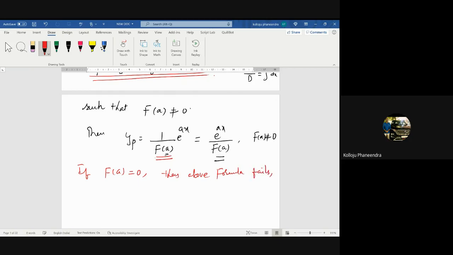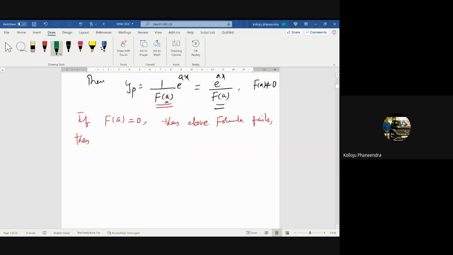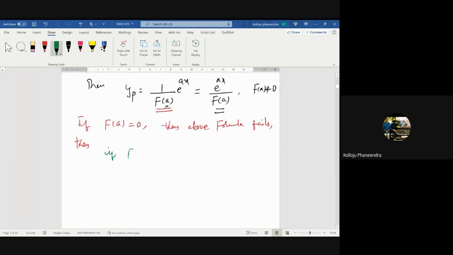Then what do we have to do? Now, if f of a equal to 0, I'm writing again yp equal to 1 by f of D into e power ax. How to manage this?